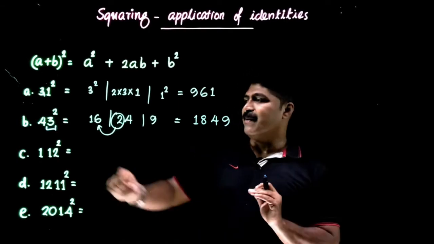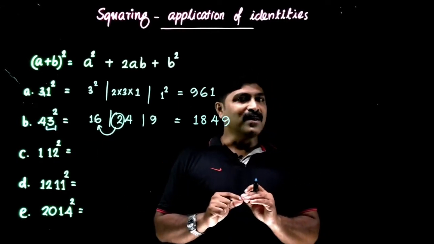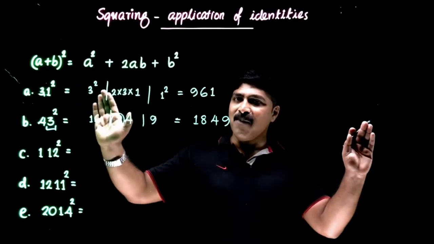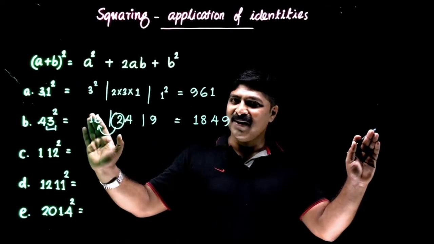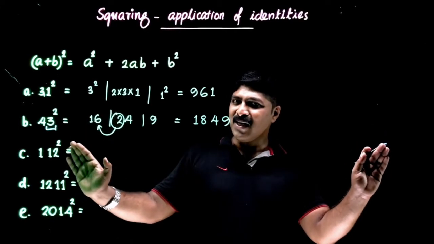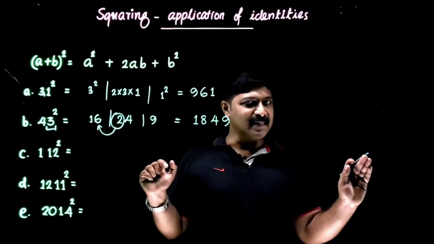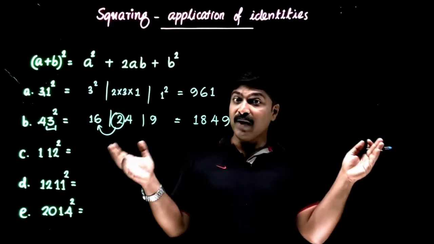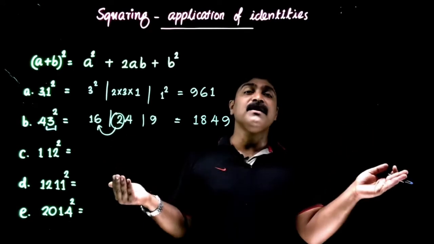I will explain here. Suppose 112. Here we know that we are using the identity (a plus b) the whole square. A bit confusing, because in our present task, that is a 3-digit number. So how do we separate that as a and b?